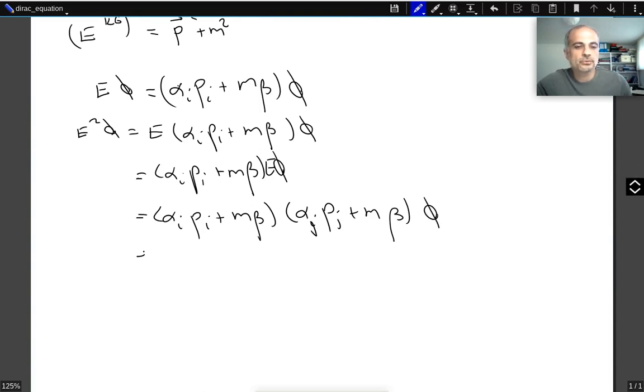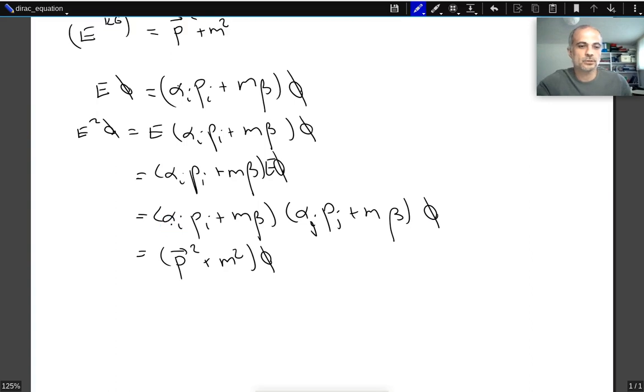And we would like this to be (p squared plus m squared) phi, so that the energy squared is the momentum squared plus m squared, the relativistic generalization of the energy momentum relation. Now, of course, if this line is equal to this line, let's just multiply out the previous line.